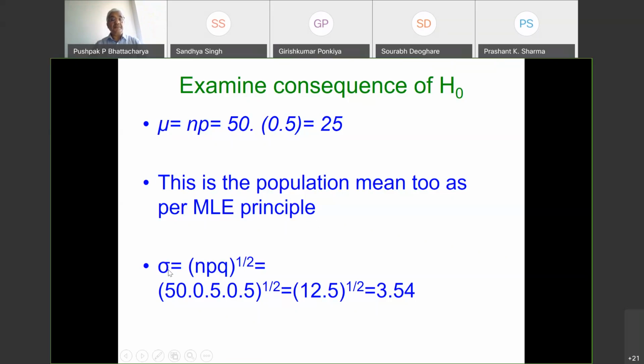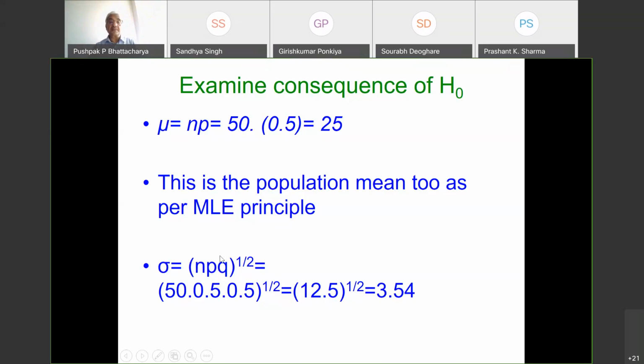Now sigma, the standard deviation, also is obtainable from the sample size n, p the probability of success 0.5, q the probability of failure 0.5 again, and the square root of this. So this is the square root of 12.5, which is 3.54.